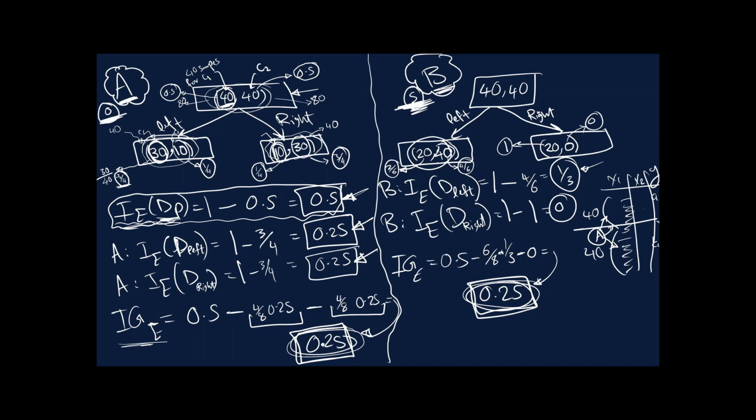Because it was able to separate the values for this class, 40 and 0. So it was more pure in this sense. So let's jump to the other measures to see if they will be able to reveal this difference.